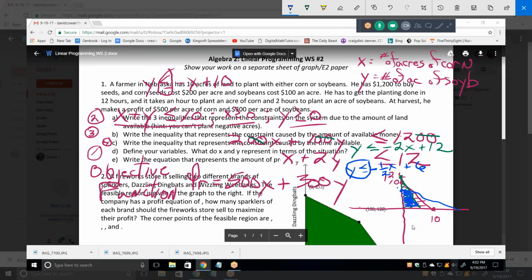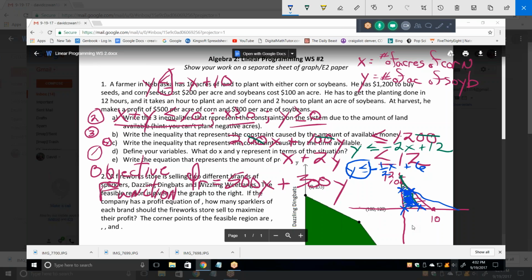In other words, there's that vertex, there's this vertex, this vertex, and this vertex. There are 4 vertices. What we have to do is figure out the profit at each vertex. Whichever gives us the biggest number, that's our answer.